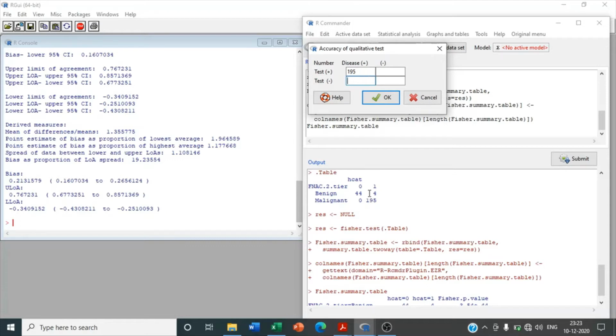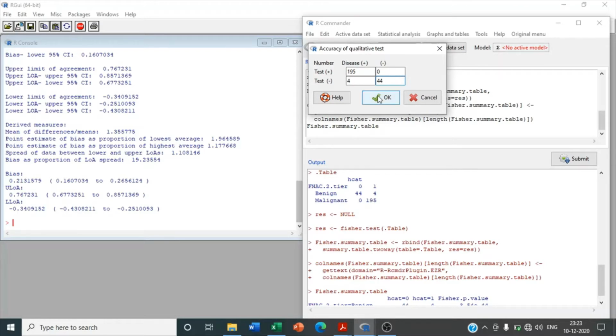This is 4. Check it out. This was positive on biopsy, but negative on FNAC. Positive by the test, by FNAC, negative on biopsy: we did not get any such case. This is 0 over here. And negative by the test, that is benign on FNAC, and negative for the disease, that is 44.